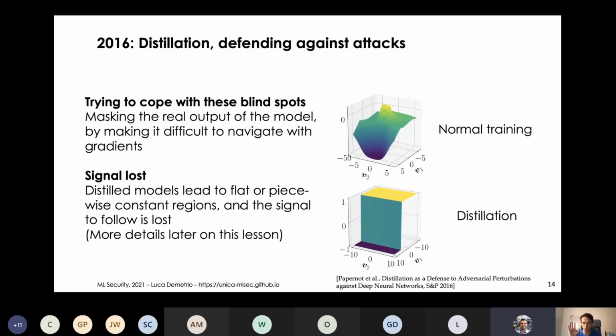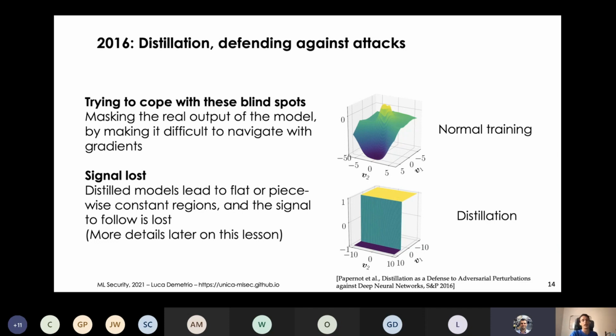Why are we putting a defense here in the evasion attacks? Because at some point in time, someone wanted to say, okay, now adversarial is done. We have evasions, we just want to patch this and move on, because they thought it was an easy thing to do. And then what they do is, okay, since the gradient is a problem, let's mask the gradient.